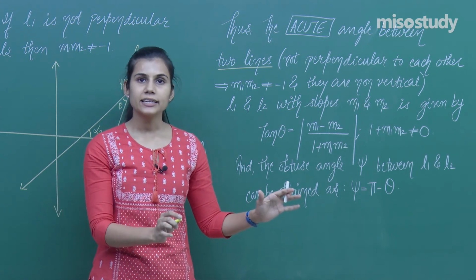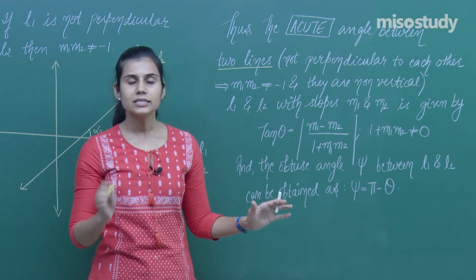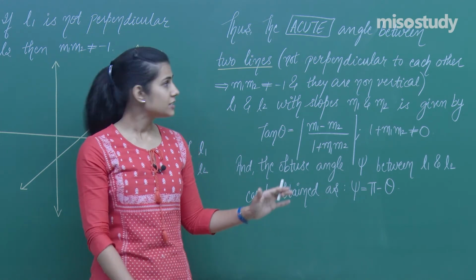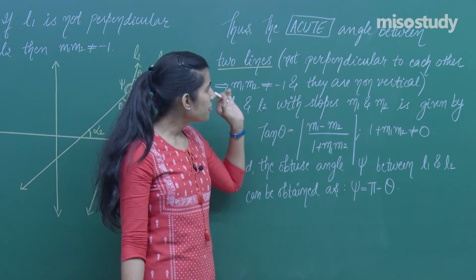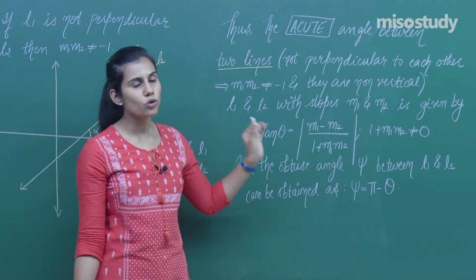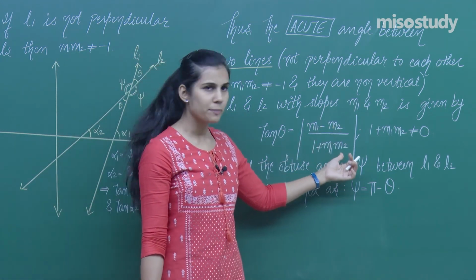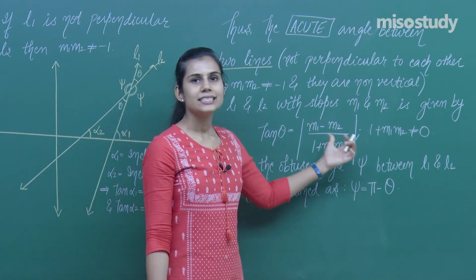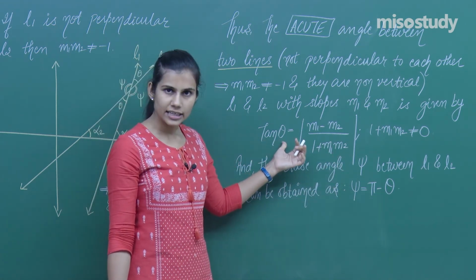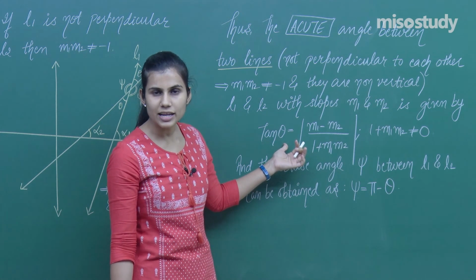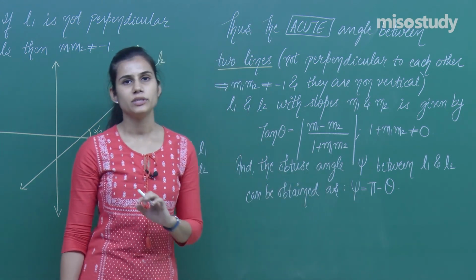But if they are intersecting, non-vertical, non-perpendicular lines L1 and L2 with proper slopes M1 and M2 such that M1 into M2 is not equal to -1 because they are not perpendicular, in that situation, if you need to find the angle between those two lines, you just need to compute M1 minus M2 upon 1 plus M1 M2 and take its absolute value. That particular value is equal to tan theta, where theta is the acute angle between L1 and L2. Once you have computed theta, remove it from pi, get the obtuse angle between L1 and L2.